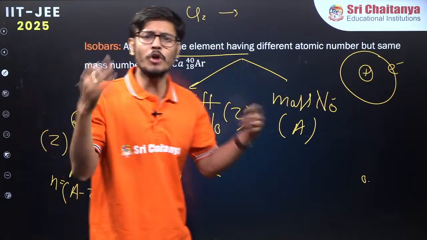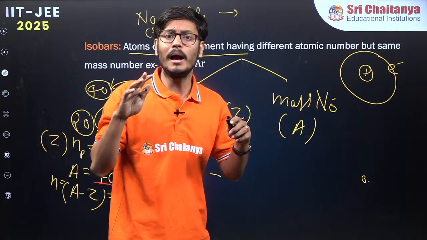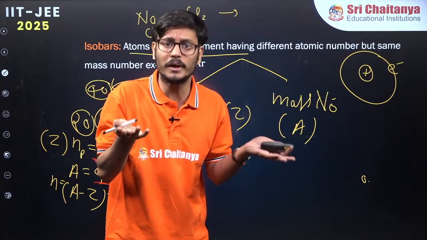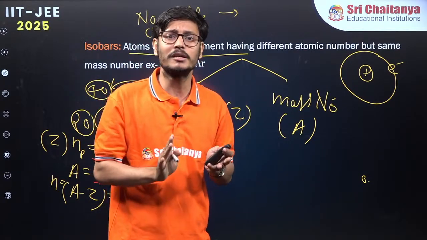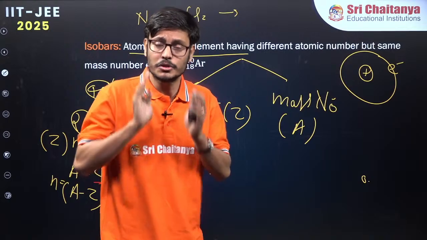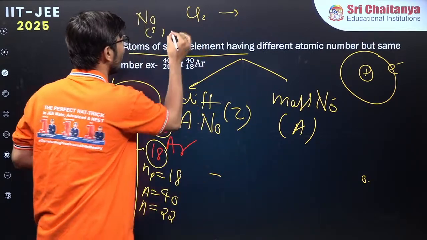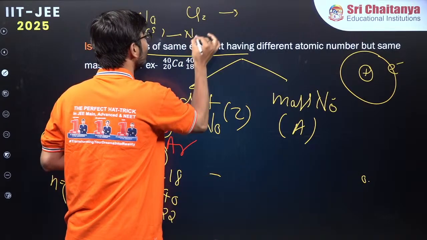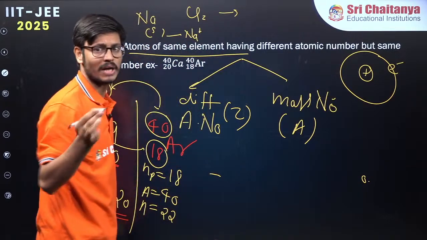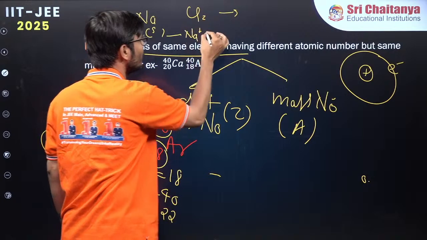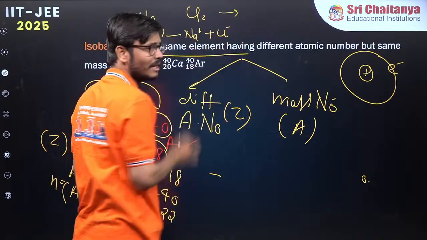Sodium's neutron is not going to participate. Sodium's proton is also in that case not going to participate. What is actually going to participate in the chemical reaction is the electron. Sodium will lose one electron and become Na plus, right? All of you have studied ionic compounds. And chlorine will gain one electron and become Cl minus.